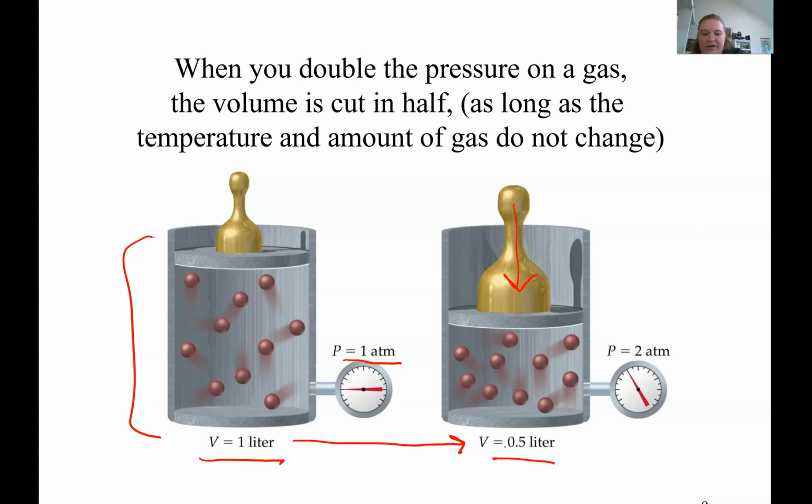We went from 1 liter to 0.5 liters. That's going to cause the pressure to double. So there's one got divided by 2 and the other one got multiplied by 2. So they're changing by the same factor, just in different directions. One's increasing while the other is decreasing.